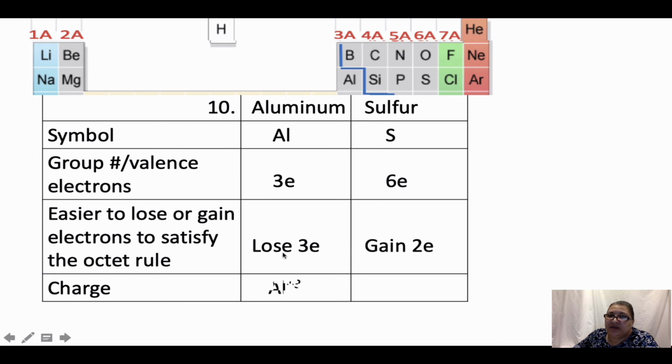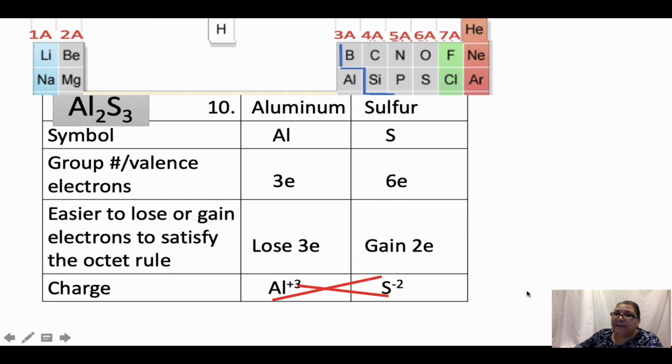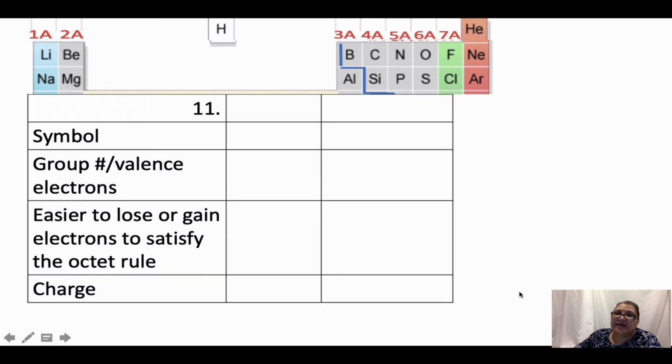So aluminum becomes positive 3, sulfur becomes negative 2. And then we do the crisscross. So aluminum gets 2, sulfur gets the 3. So it takes 2 aluminum and 3 sulfur to neutralize this compound. I think one more.